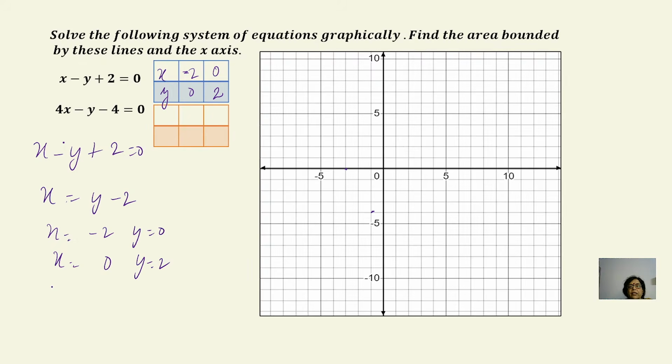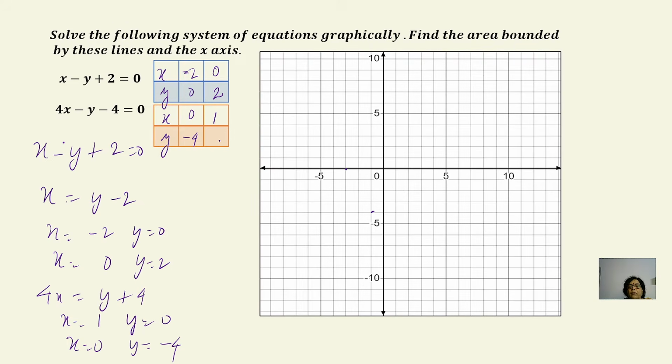The second one is 4x is equal to y plus 4. If y is 0, x is 1. And if we take x as 0, y will become minus 4. So let us write the points here, x, y. X is 0, y is minus 4.